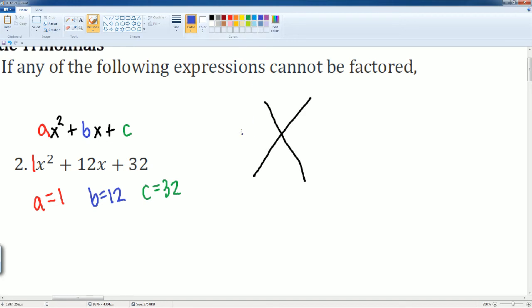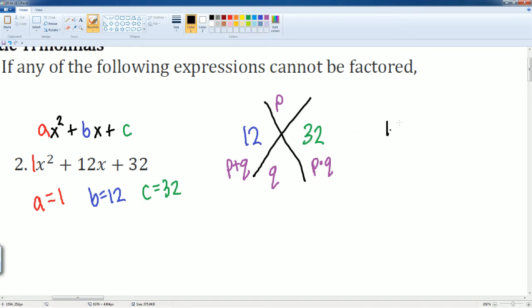So the B value goes here, which is just 12. Then we have our C value here, which is 32. We want to find 2 numbers, P and Q, such that P times Q gets you 32 and P plus Q gets you 12.